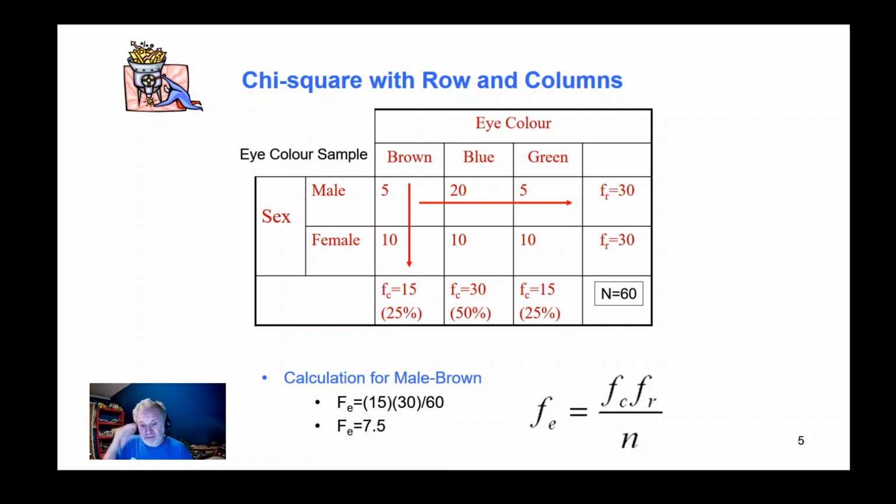So I have 30 males and 30 females. My expected value for the males for brown eyes is 25% of 30, which is 7.5. Then for blue-eyed males, the expected value is 30 times 0.5, which is 15. And then for the green it is 7.5. So the 7.5, 15, and 7.5 gives me an expected breakdown of 25%, 50%, 25%.